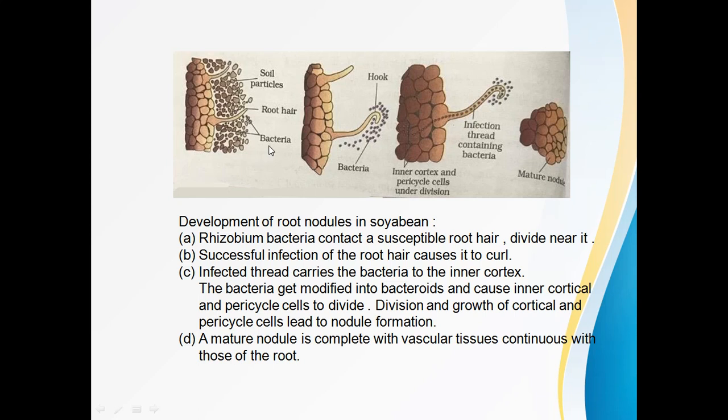The bacteria present surrounding the roots perform the process of biological nitrogen fixation.